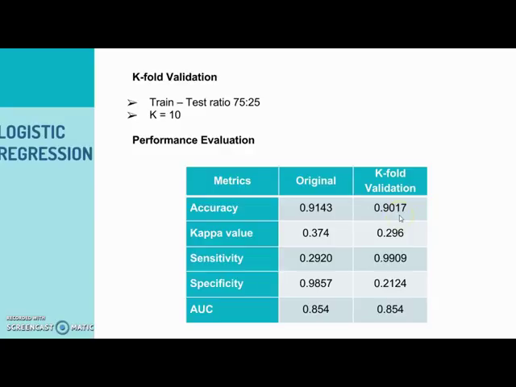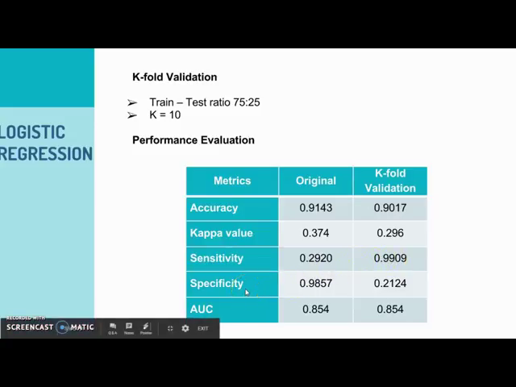Furthermore, the kappa value has also decreased slightly from 0.37 to 0.29. However, the sensitivity of the model toward positive values has greatly increased from 29% to 99%. Inversely, the specificity of the model has dropped from 98% to 21%.